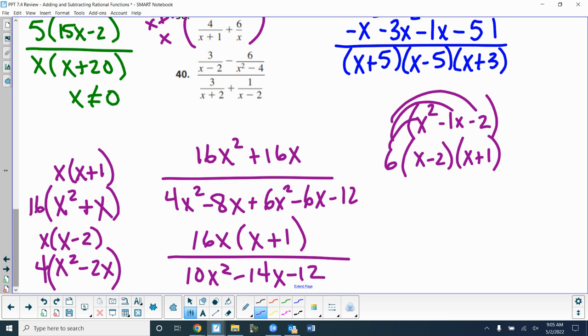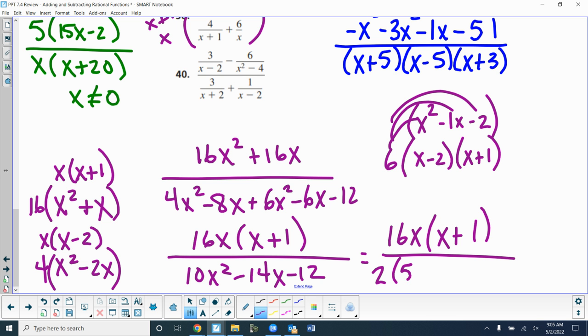Now we have to try to simplify that. So what goes into all three of those terms? A 2. So let's just rewrite this. We can pull a 2 out, and then we have 5x squared minus 7x minus 6. What's 5 times negative 6? Negative 30.